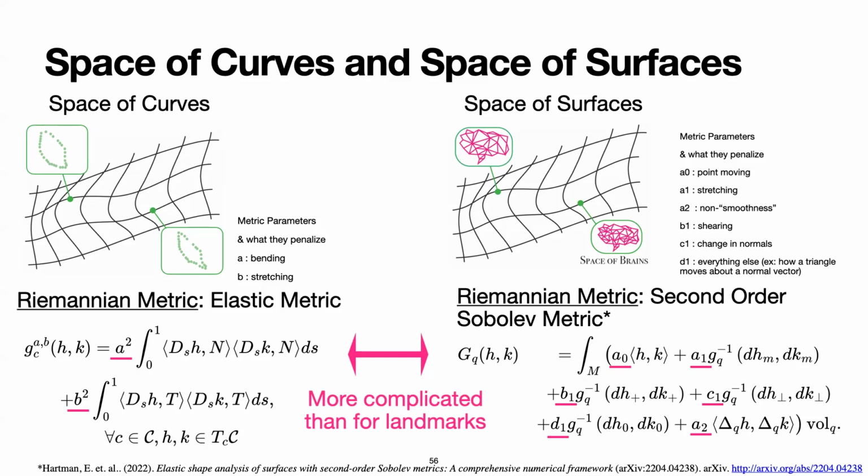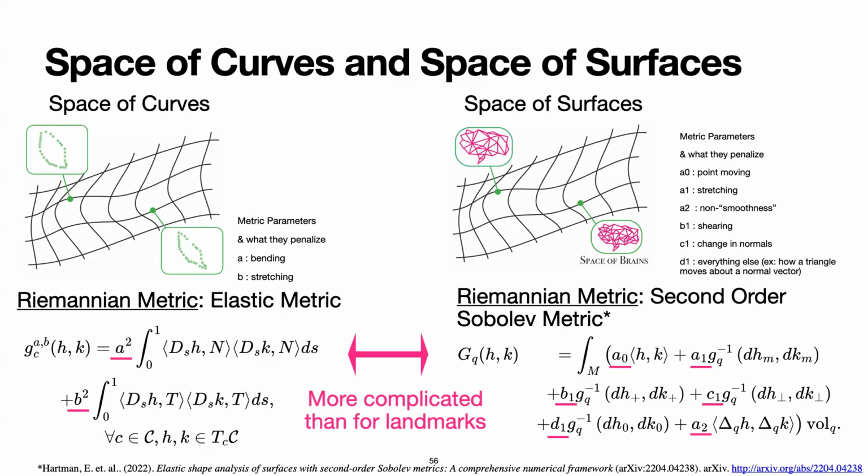A few things, if you take anything out of this slide and you want to use Geomstats to analyze curves and surfaces, the things that I want you to take away are these pink underlined parameters. You have a choice in what you choose to put them as.